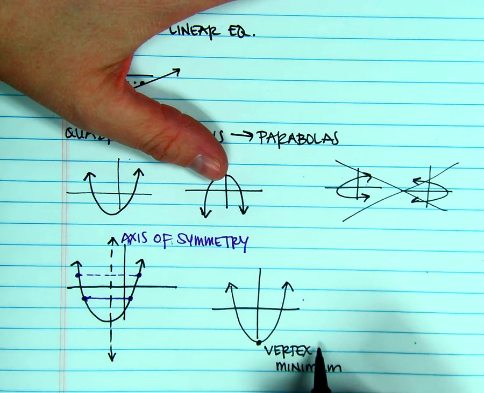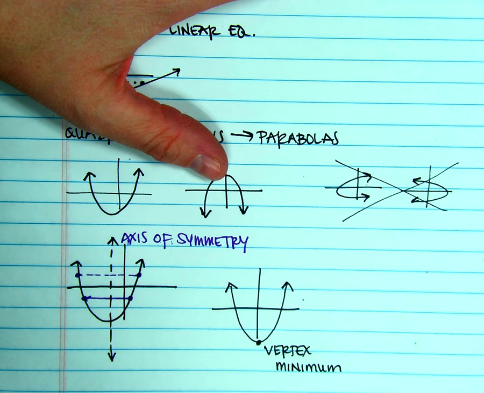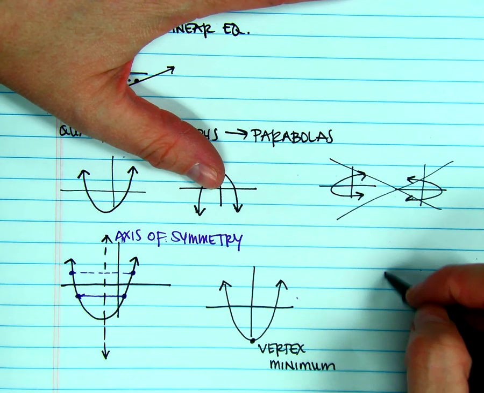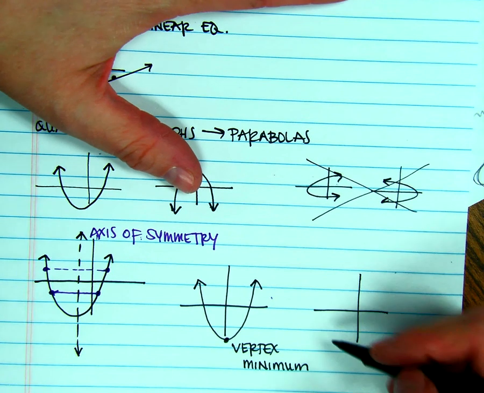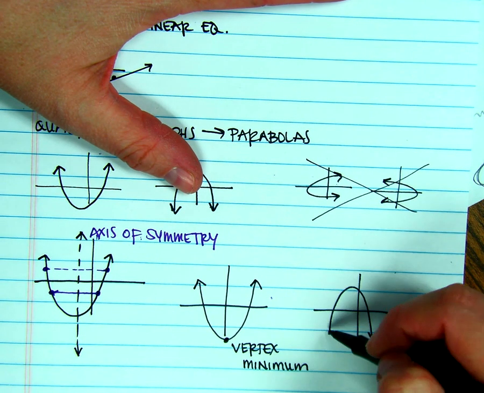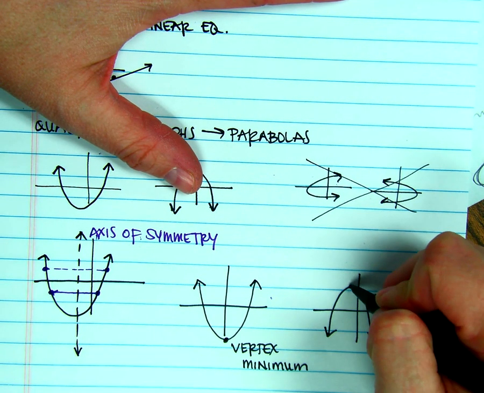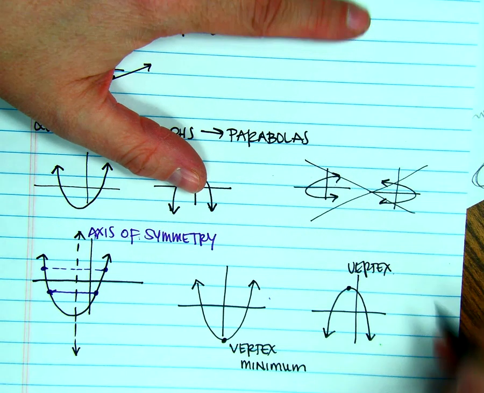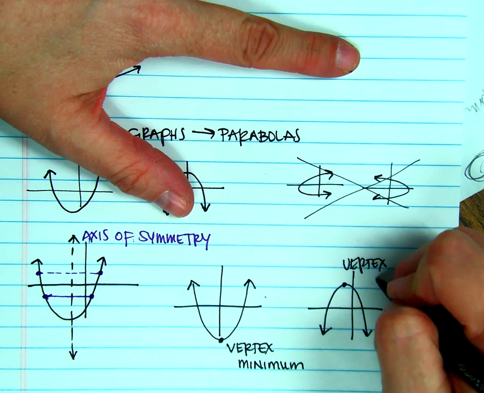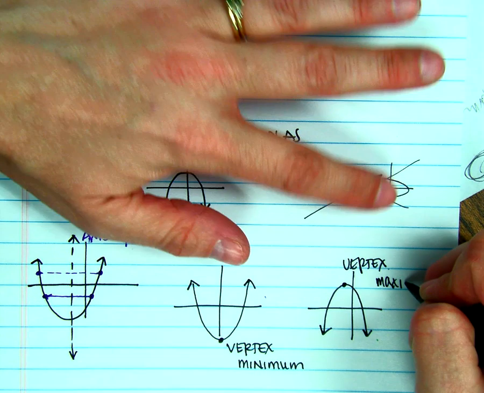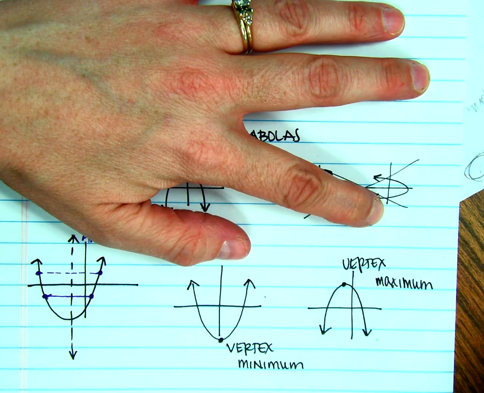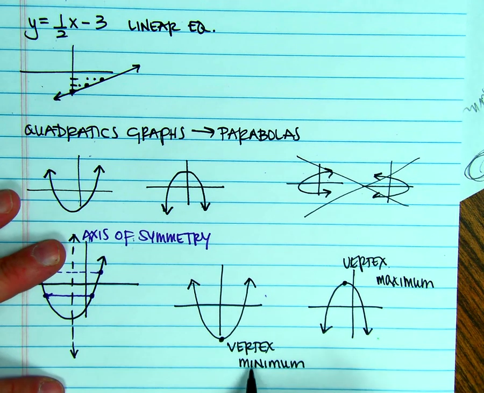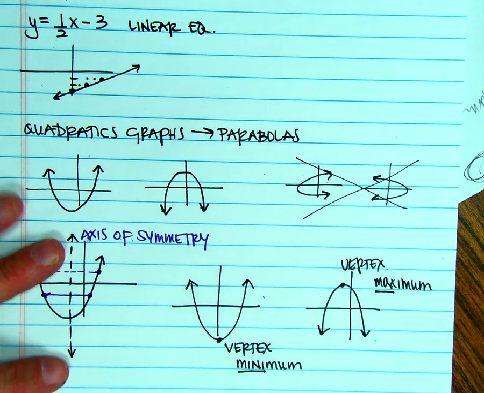So the lowest or highest point is called the vertex, but when it opens up, it is called the minimum. And if you have a parabola that opens this direction, this is also called the vertex, but in this particular graph, it is called the maximum. So a lot of times we'll just say min and max.